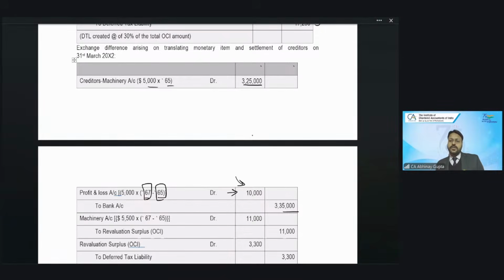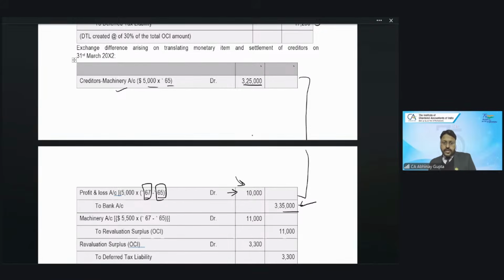So 335 is being paid out. Is this entry clear? Yes, sir. So this entry could be done in two pieces as well. First of all, you could reinstate the creditor and then make the payment. But combined entry we have done here, right?